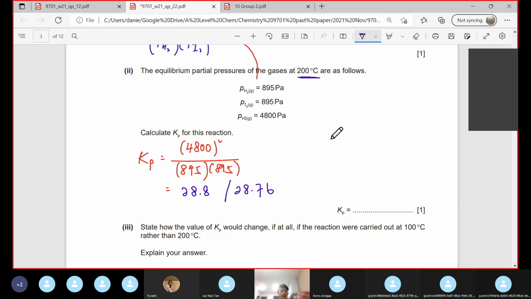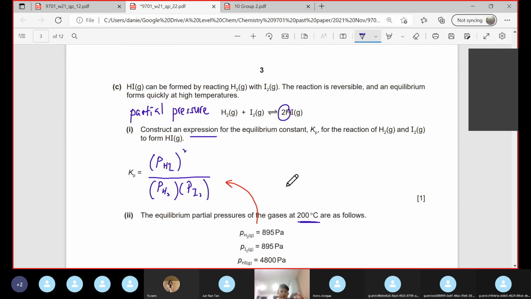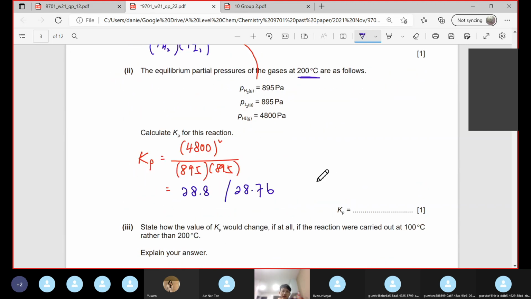Okay, if they ask you about the unit for this Kp expression, then what do you think? Is there any unit for this Kp?